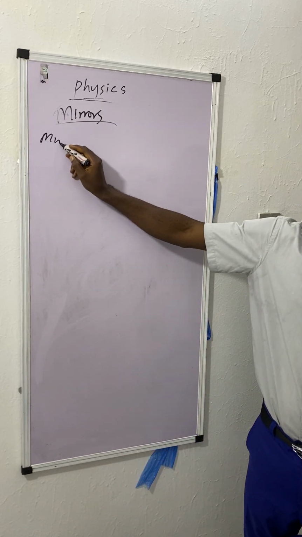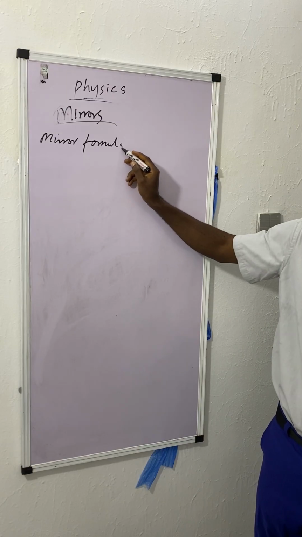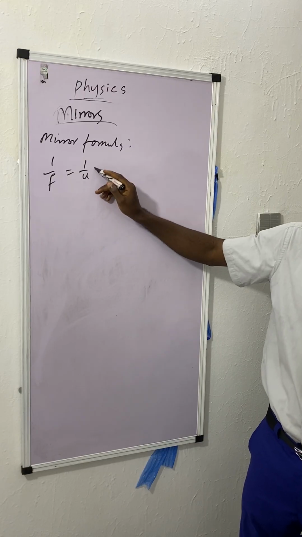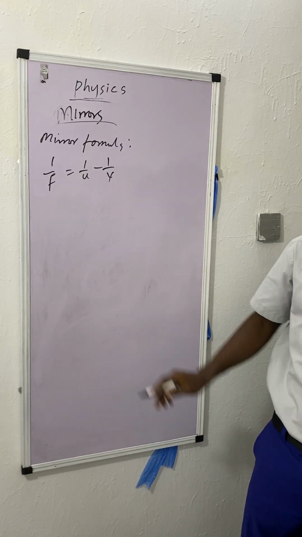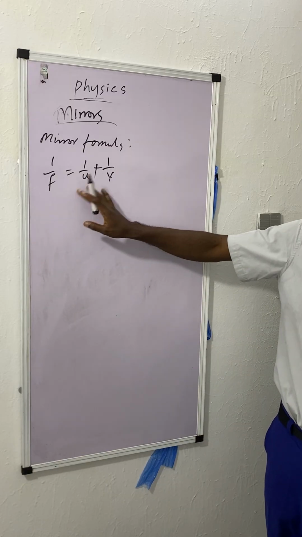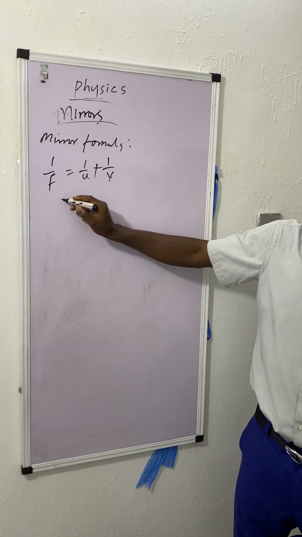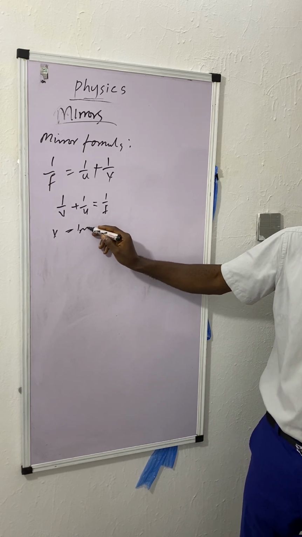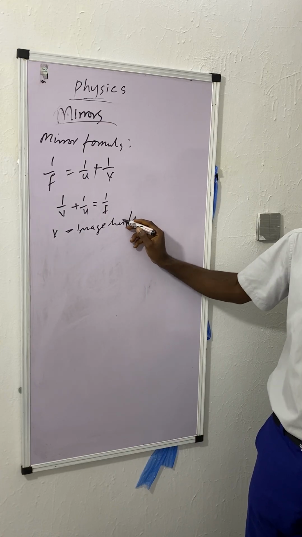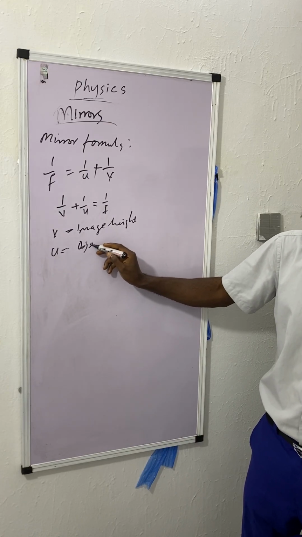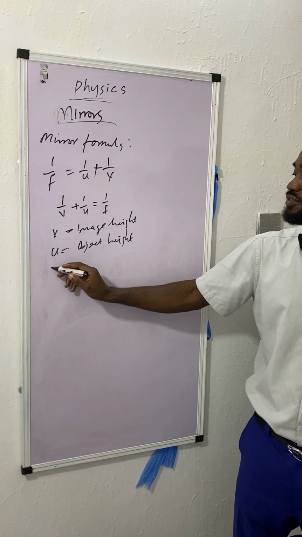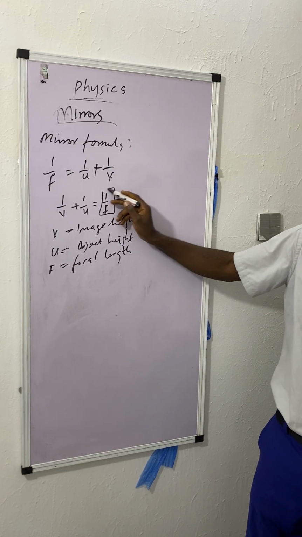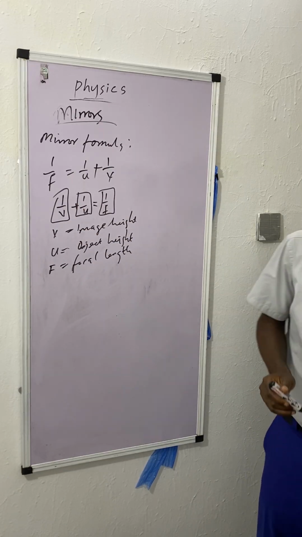The mirror formula is 1 over f equals 1 over u plus 1 over v, where f is focal length, v is image height, and u is object height. All of them are inverses: 1 over something, 1 over something, 1 over something.